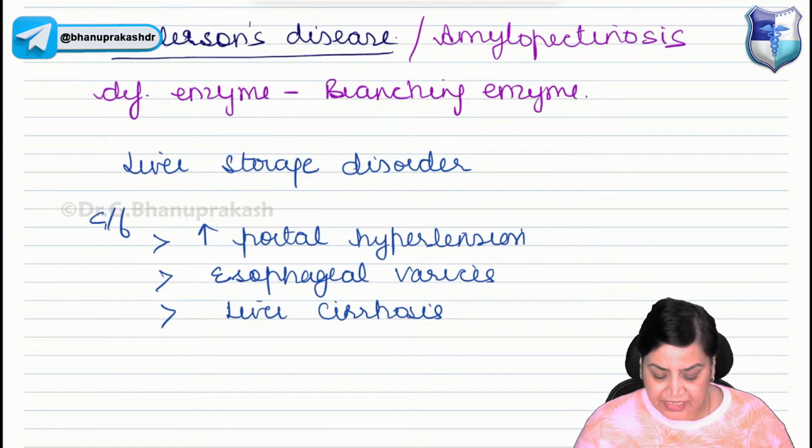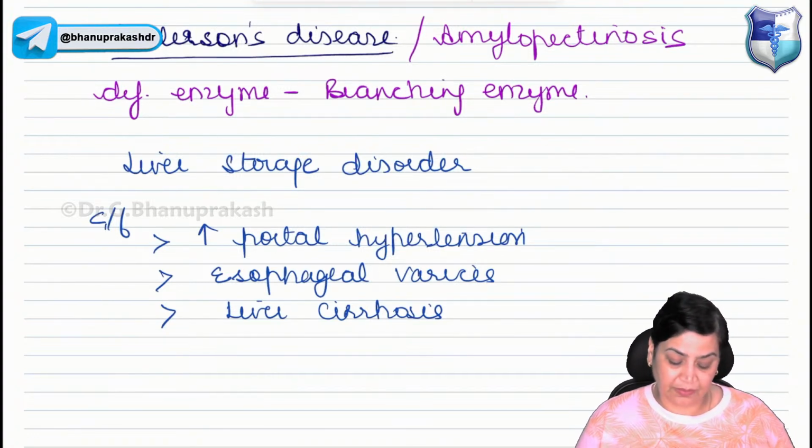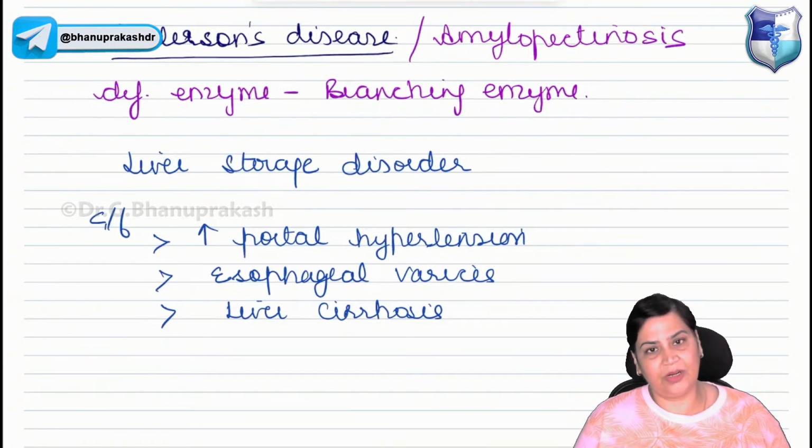So Anderson's disease leads to these main three symptoms, right? And this is again a liver storage disorder.